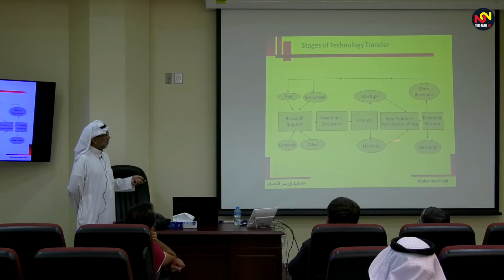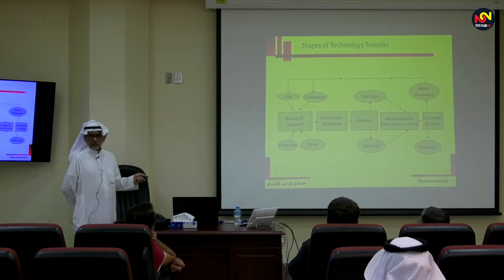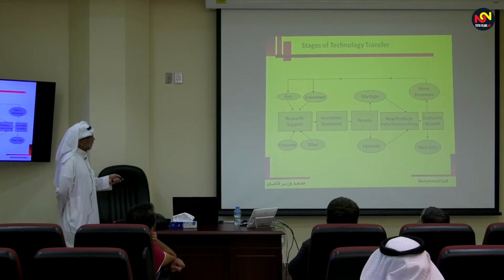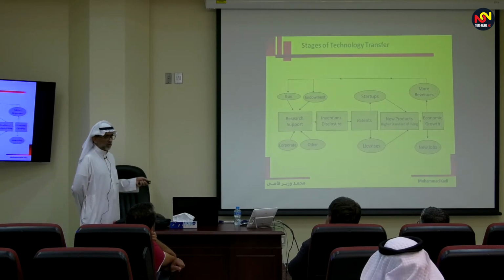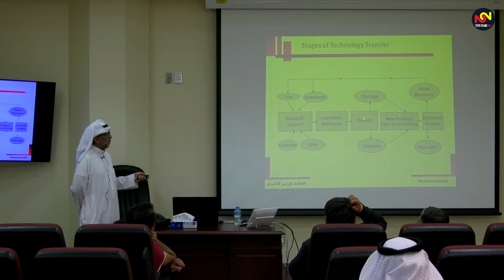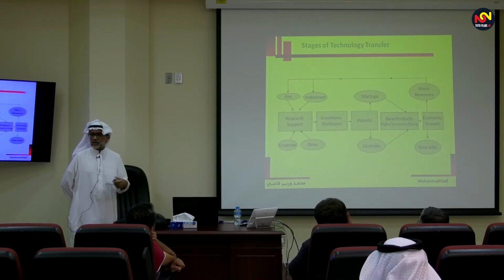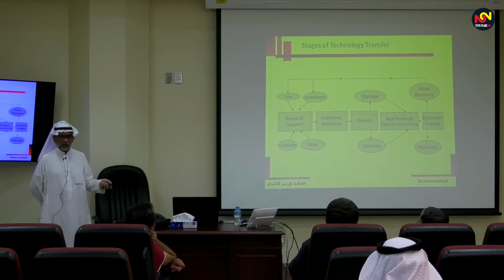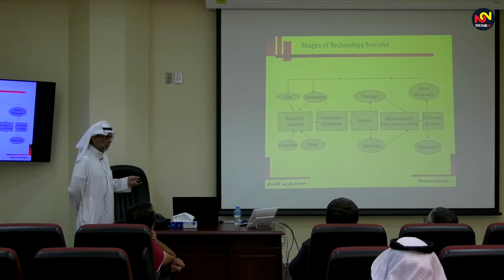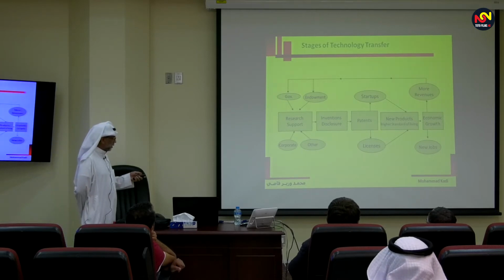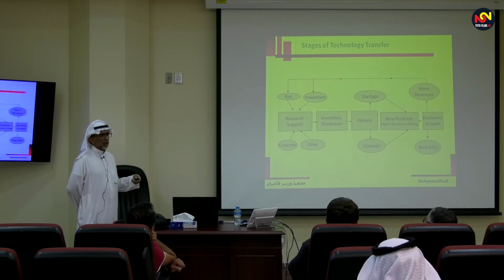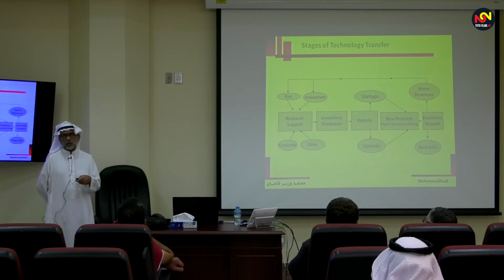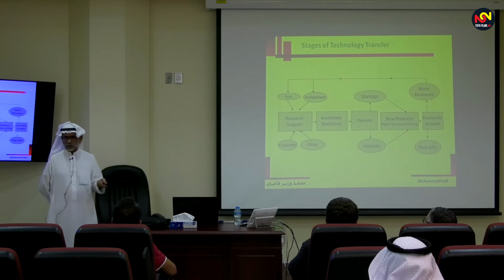So these are only in the beginning stages. Licensing also is in the beginning stages, and I would say patenting also is in the starting stages in the university and is not well developed. But now we are getting good results, and this process has been accelerating over maybe the last 5 years.